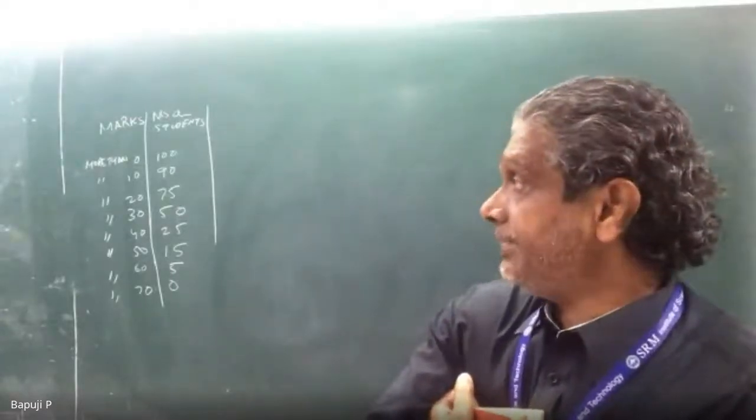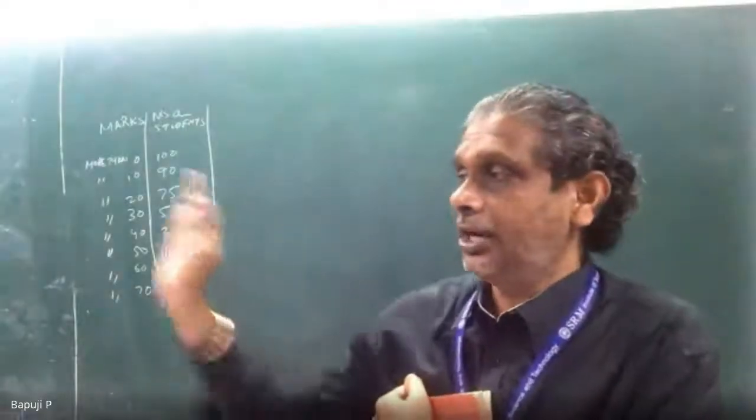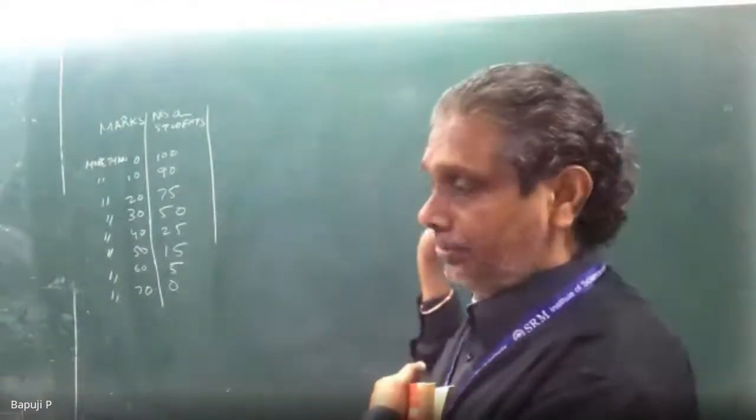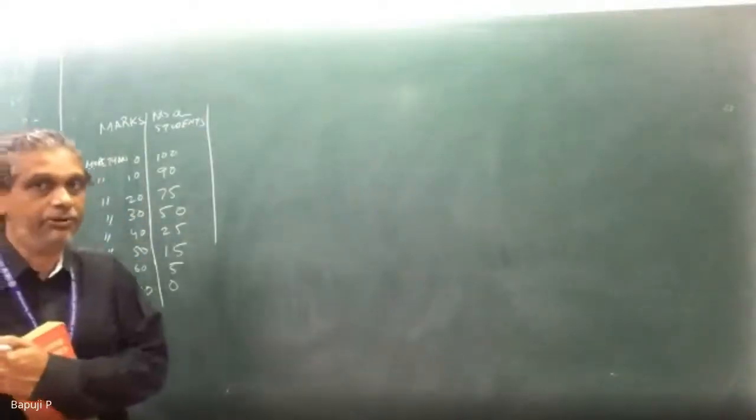Then more than 10 means from 10 only. The previous problem was not like this. Below 5 means up to 5. Below 10 means 0 to 10. Below 20 means 0 to 20. Here, more than 0 means 0 to full 70 marks. Again, more than 10 means 10 to 70. So that is the difference between that problem and this problem.